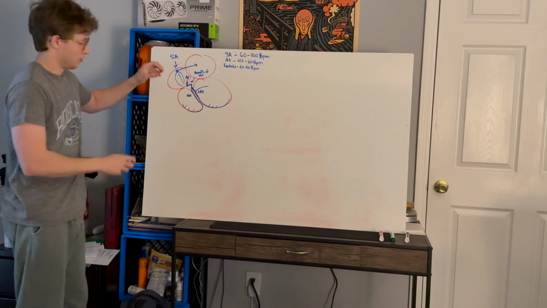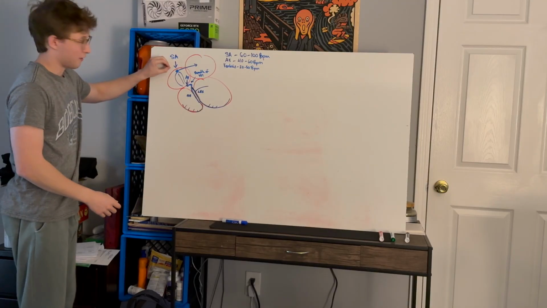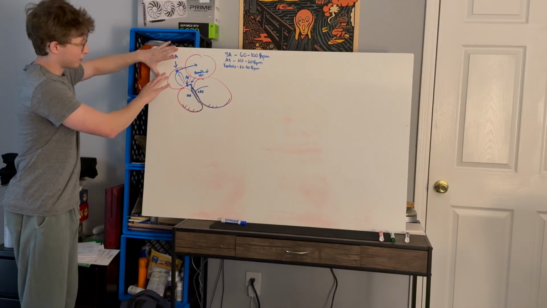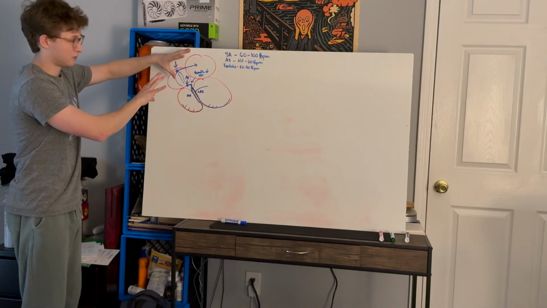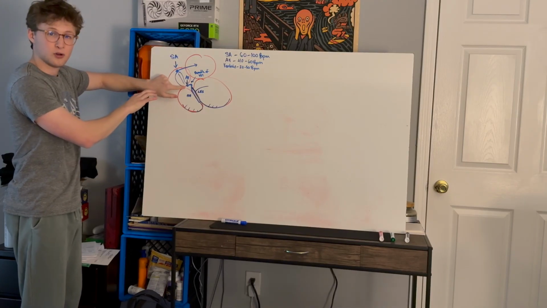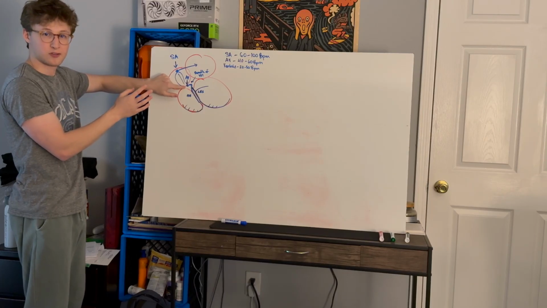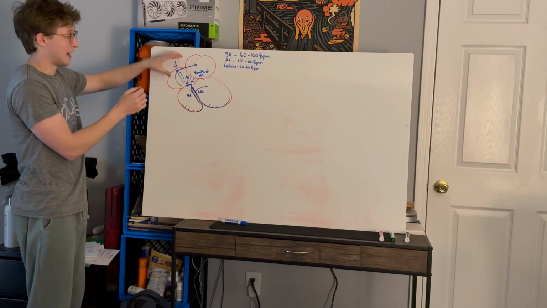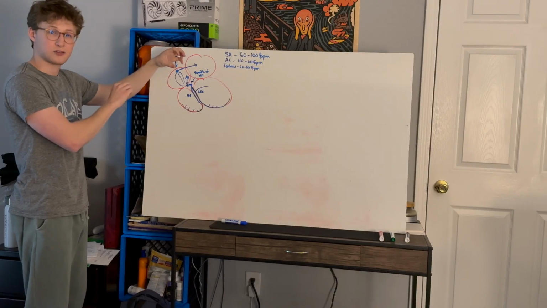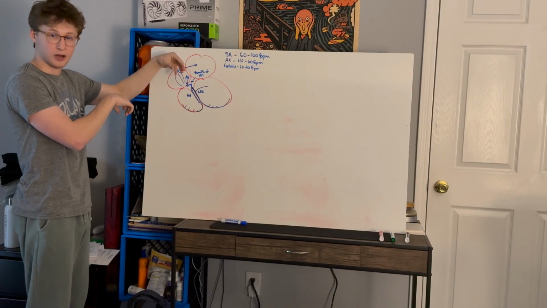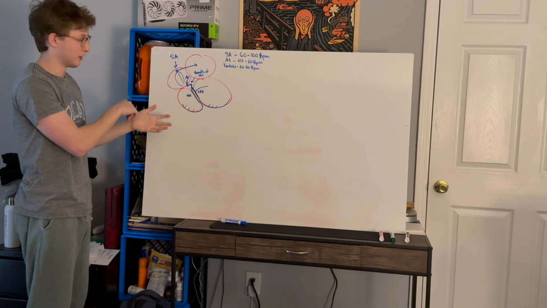So again, normally, the SA node fires, spreads through the atria, and they contract. Meanwhile, the AV node holds on to that impulse for about 0.1 seconds. That's important because it allows the atria to actually contract and push out the remaining blood into the ventricles, called the atrial kick.